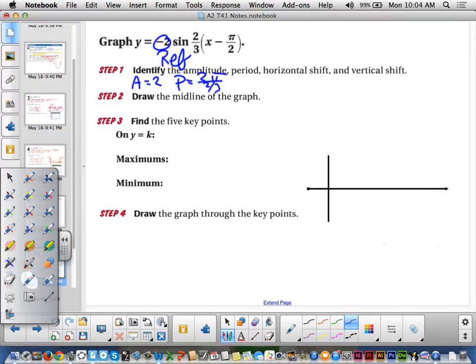Dividing by a fraction is multiplying by the reciprocal. 2 pi times 3/2, which works out to 3 pi. Horizontal shift of pi over 2. And there is no vertical shift because nothing's added on outside. All right, the midline of the graph is the x-axis.